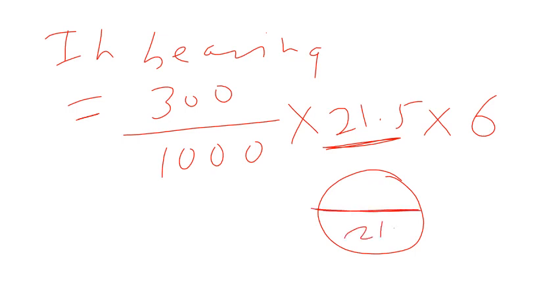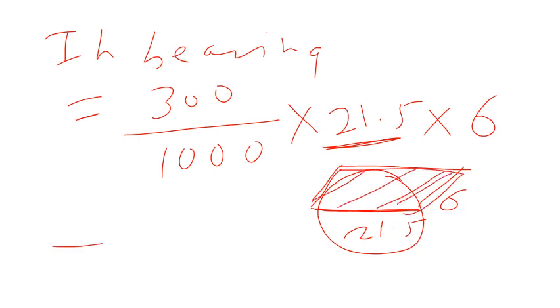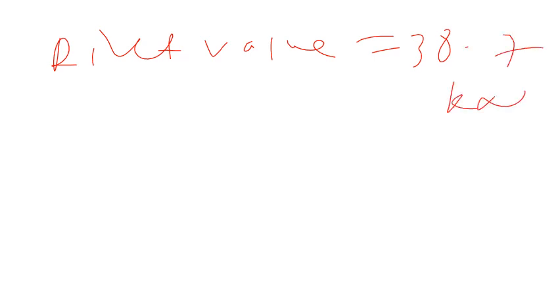It's like a crushing, that's why we have to take this rectangular area, and this value will come to 38.7. So obviously the smaller will be the rivet value, so choose rivet value as 38.7 kilonewton, right?